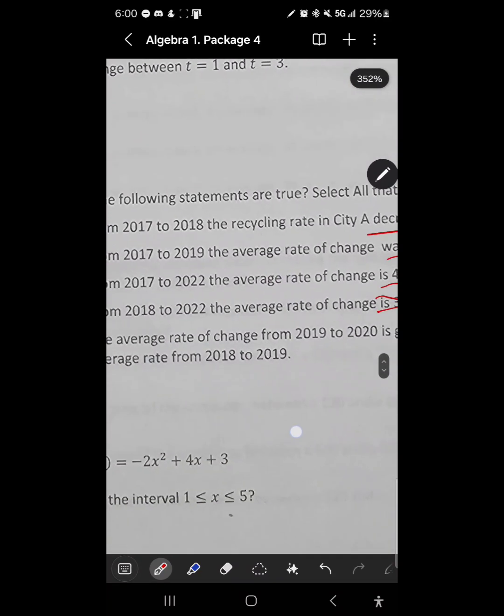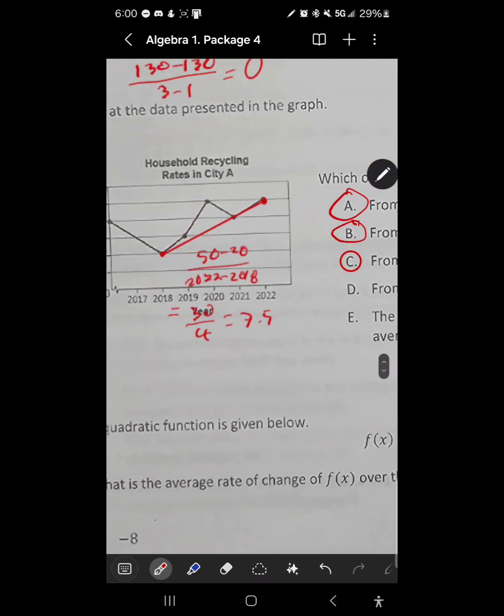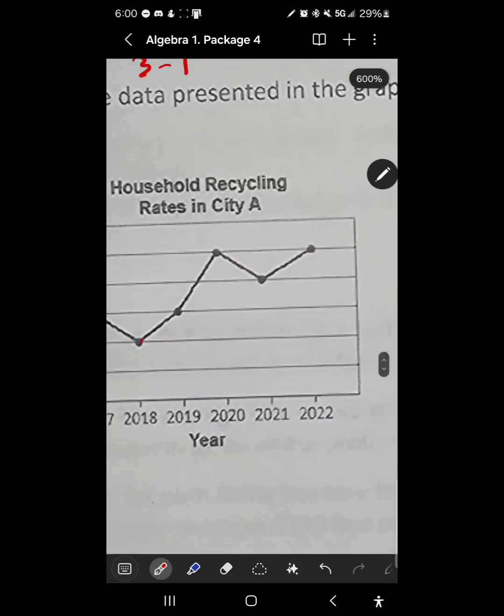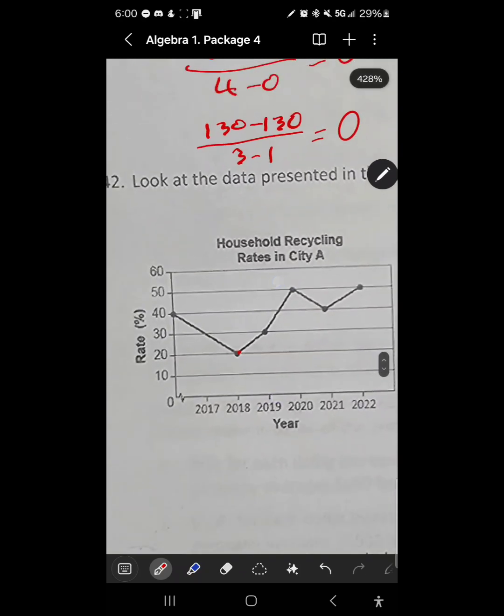Now the average rate of change from 19 to 20 is greater than from 18 to 19. So let me see that. We have 19 here, we have 20 here, we have 18, we have 19. So we can see this one is going up faster than this one. So I know this one is greater, but you can calculate it.